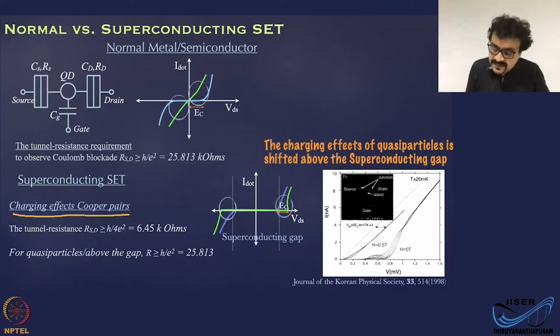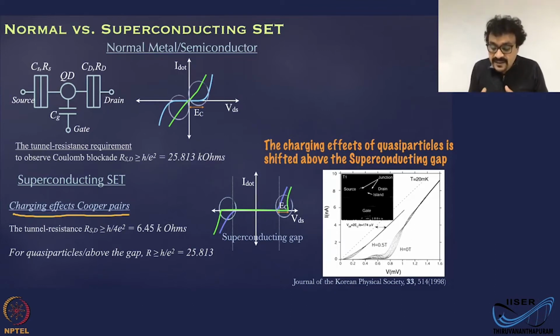But to observe charging effects of quasi-particles or electrons in the system, which generally is available once you are above the superconducting gap, you still require the 25.813 kilo ohm as the resistance of the tunnel junctions.